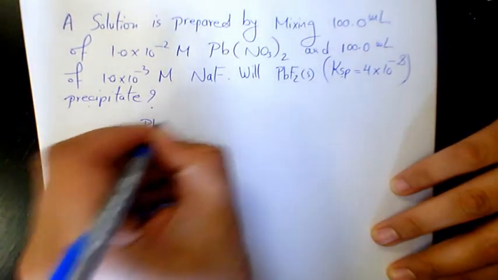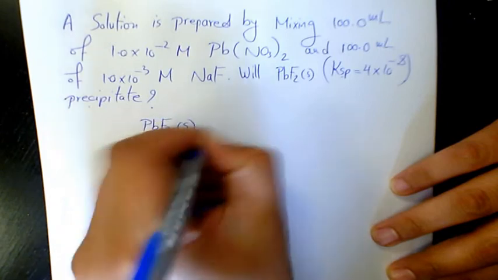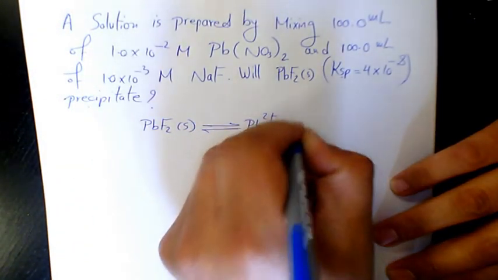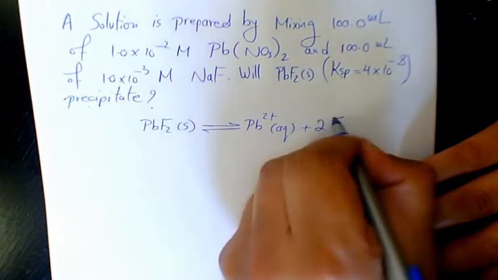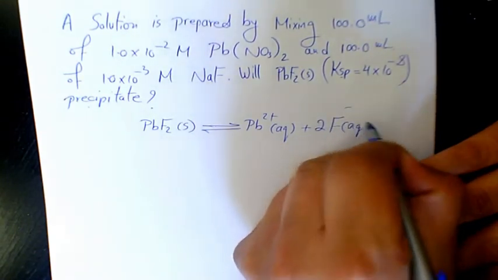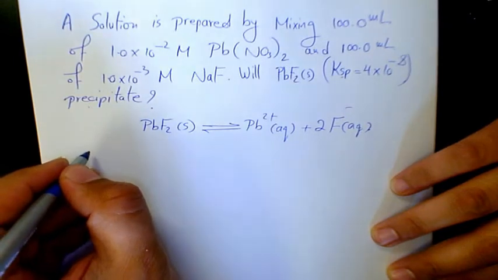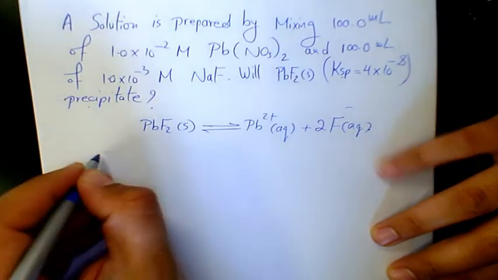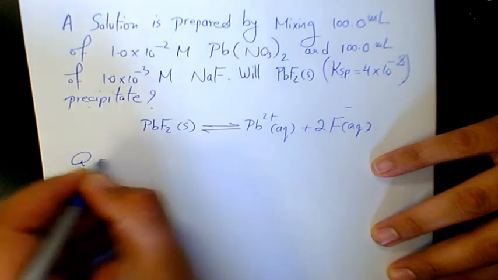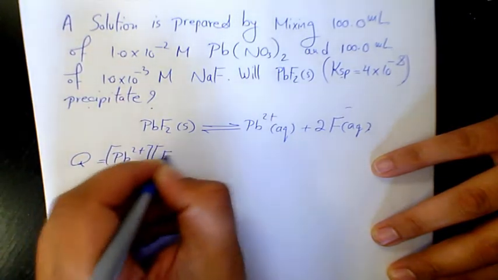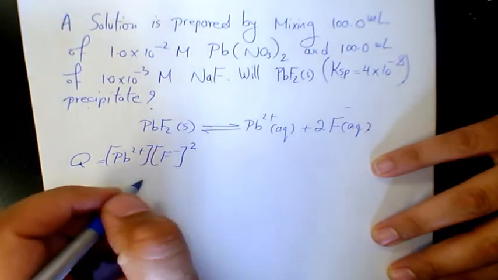So PbF2 is the solid. When it dissolves, it's going to produce Pb2+ in aqueous phase plus 2 fluoride in aqueous phase. So based on this formula, Q will be equal to the concentration of Pb times the concentration of fluoride to the power of 2.